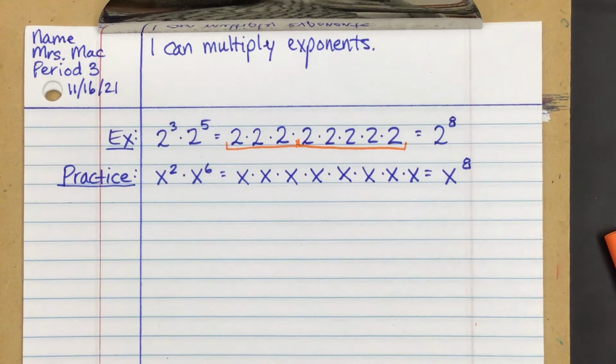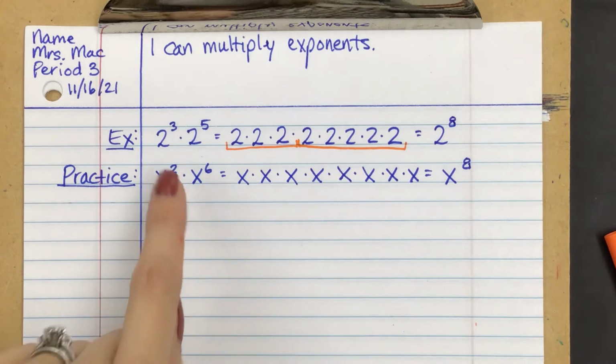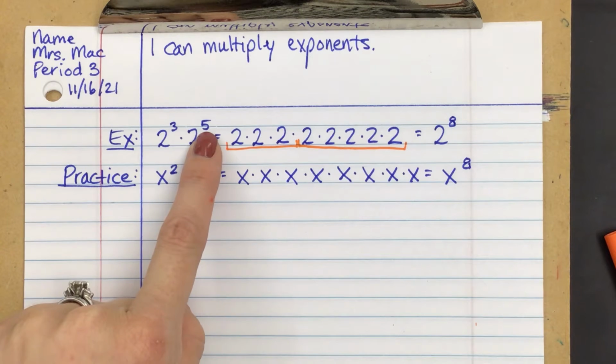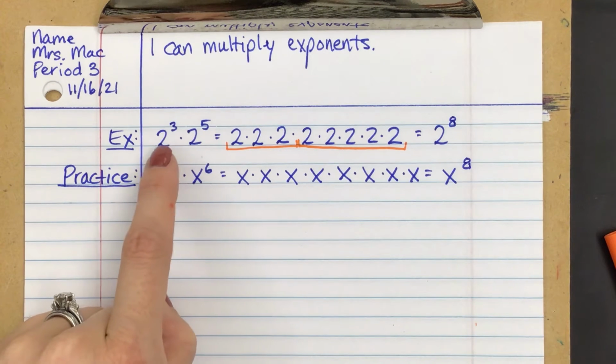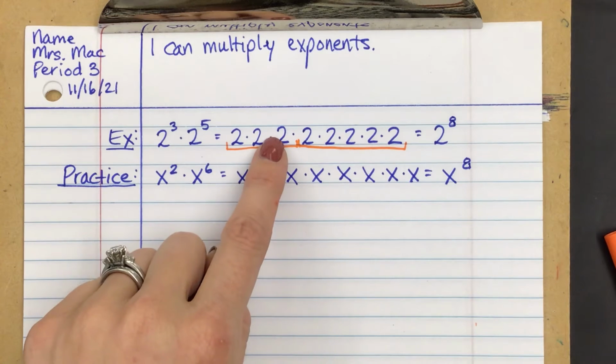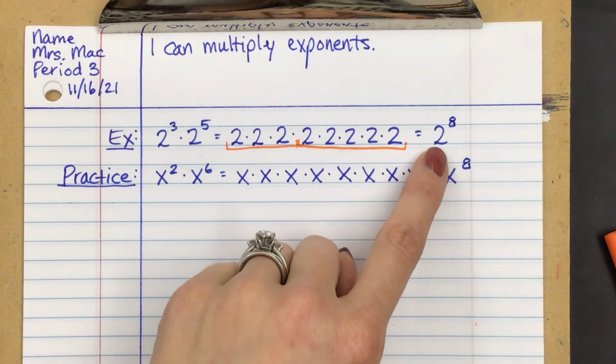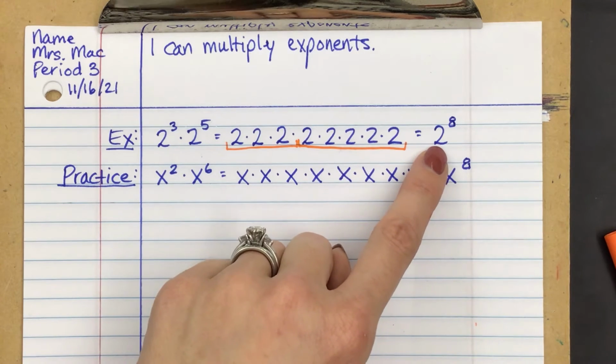Okay, so what Macy said is, if the bases are the same, then all you have to do is add the exponents. And if we take a look here, you can see that we had 3 2's for the first one and 5 2's for the second one. Altogether, that was 8 2's being multiplied together.